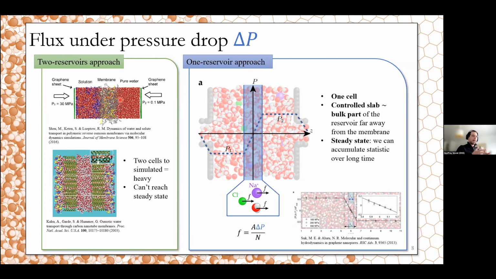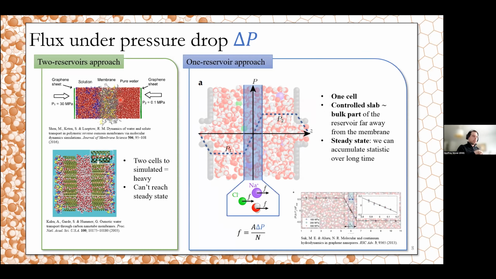Unfortunately, if you do that, you have to simulate two reservoirs, so it is two times heavier, and the simulation will be limited in time. There will be no steady state, since one reservoir will just fill up the other one.